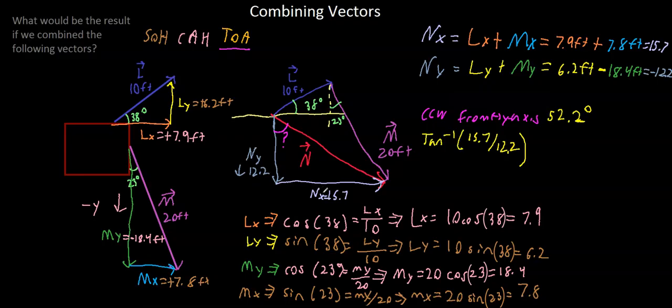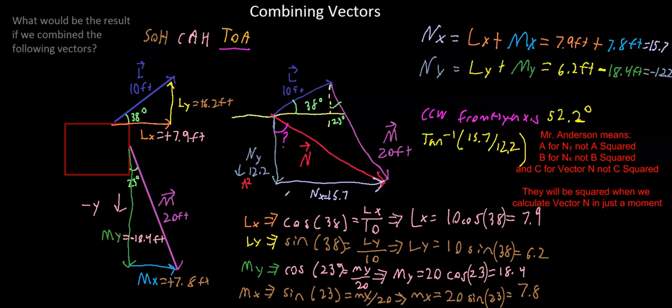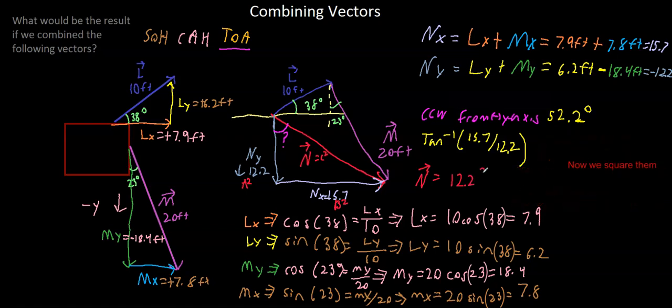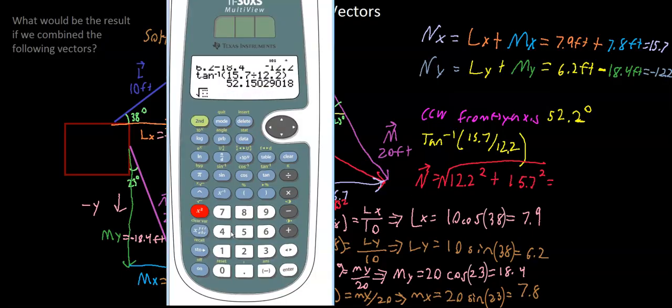And to find our magnitude, we'll just do a squared plus b squared equals c squared. So let me label this as a squared, and this one will be b squared. And then, of course, vector N will be c squared, or, well, it's not really squared, but you get the idea. So vector N equals the square root of 12.2 squared plus 15.7 squared.